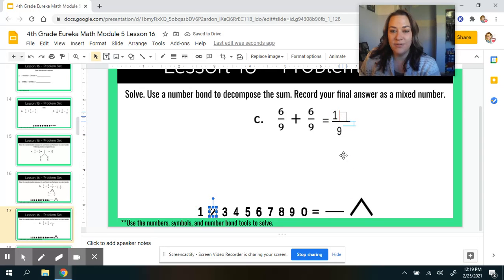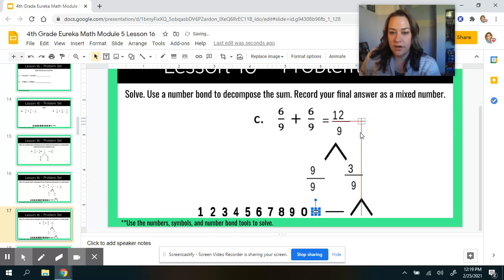How many ninths do I need to make 1? Well, if my denominator is 9, then I'm going to need 9 to make 1. So we're going to pull 9 ninths over here. 12 minus 9 leaves us with 3. So we're going to have 3 ninths over here.